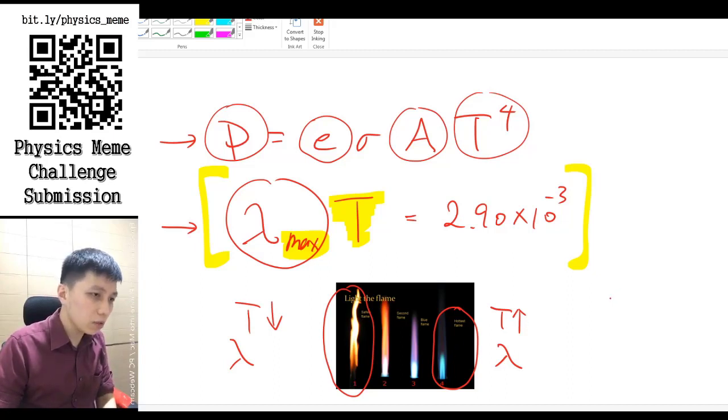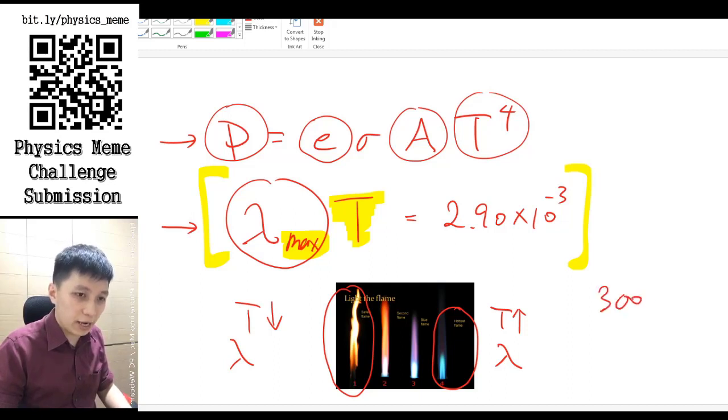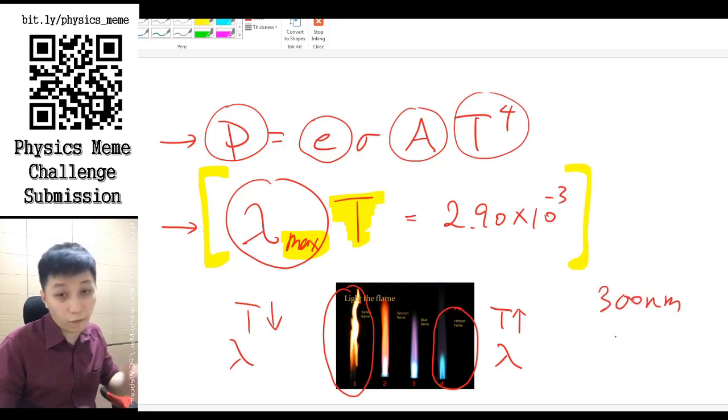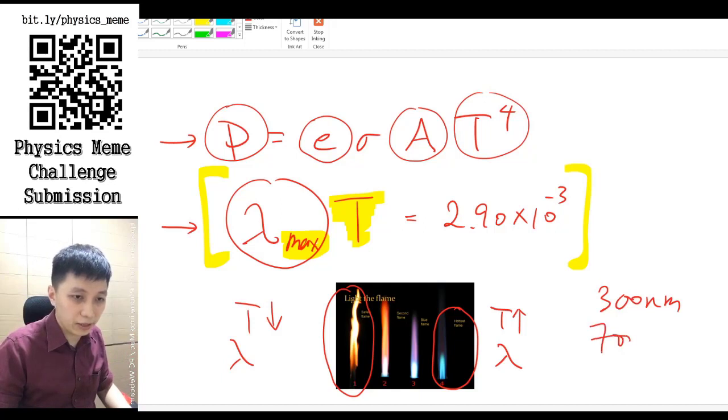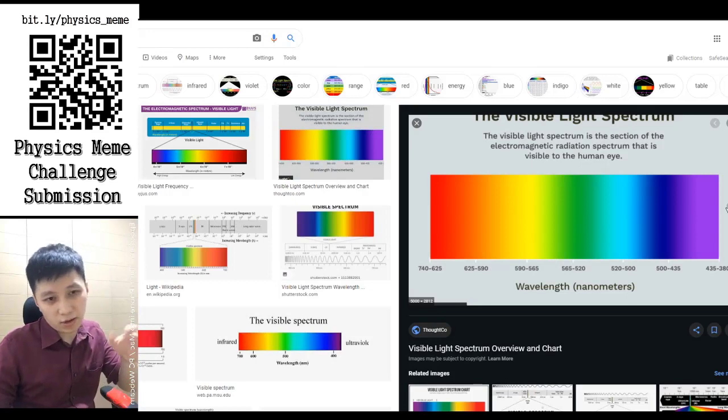You are required to remember the wavelength of different colors in IB physics, which is around 400 nanometer to 700 nanometer. In case you don't remember, let me show you a diagram.